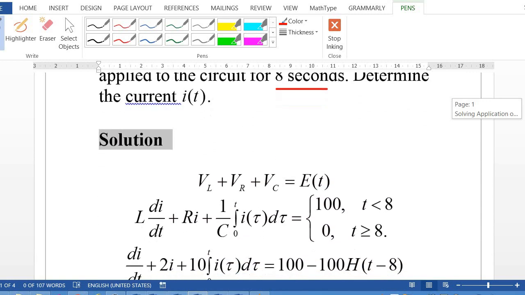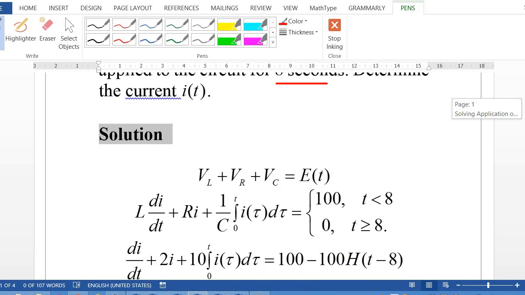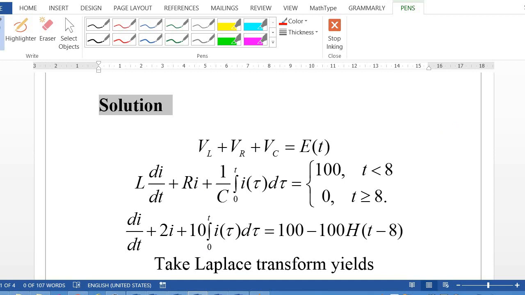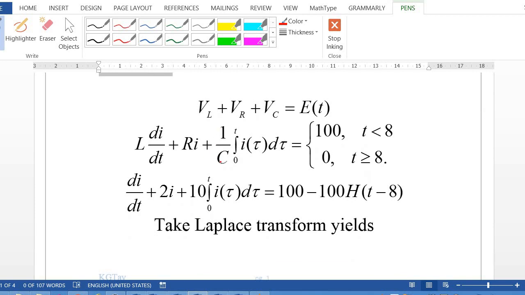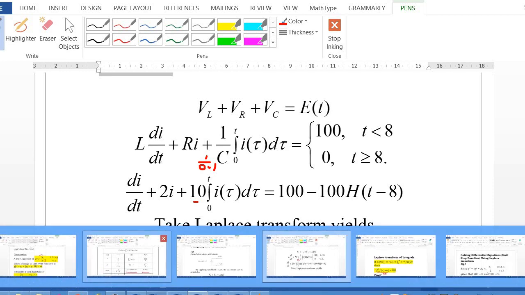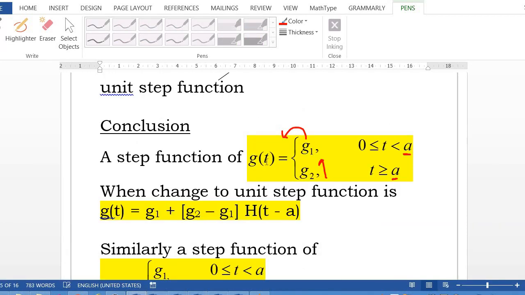L is 1, so 1 dI/dt, R is 2, so 2I, and the capacitance is 0.1, so 1 over 0.1 is 10, giving 10 times the integral of I(tau) d tau from 0 to t. And this one we convert from step function to unit step function.